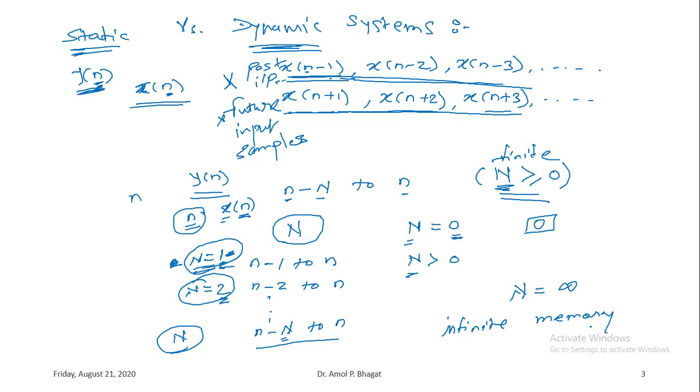So let's look at one example here. Suppose we are provided with different systems. In examination, this type of problem can be asked. The first equation is y of n equals a into x of n.